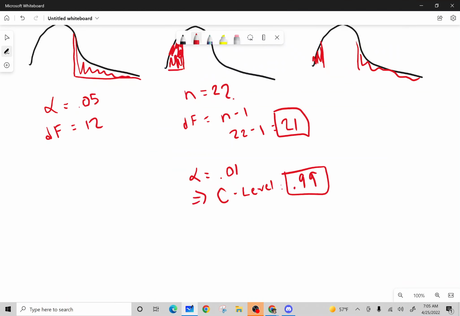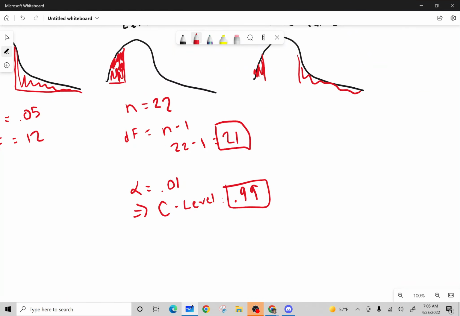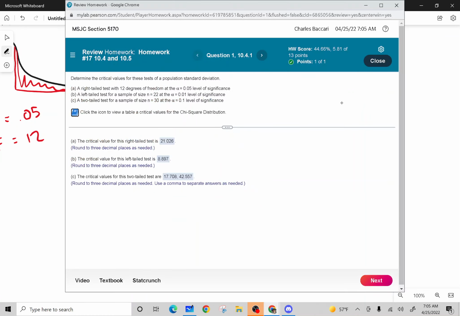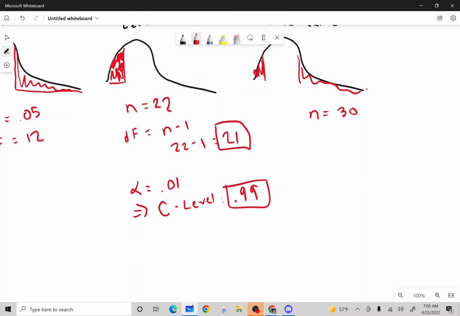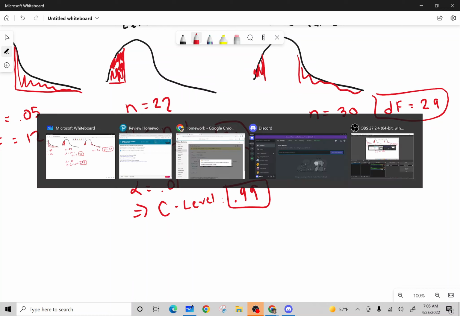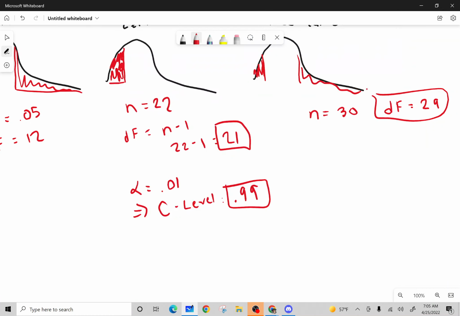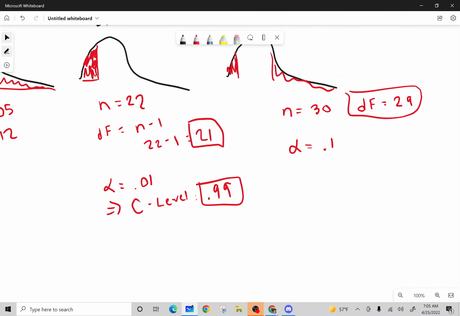And then finally for the two-tailed, this one's a little bit different. So we've got n is equal to 30. So then df, the degrees of freedom, is actually 29. Okay, so we need that. And then one other thing is we have alpha is equal to 0.1. Well, the reality here is that we're doing two alphas, right? We're doing one on the left, one on the right.